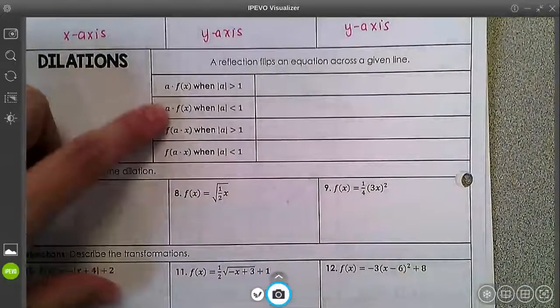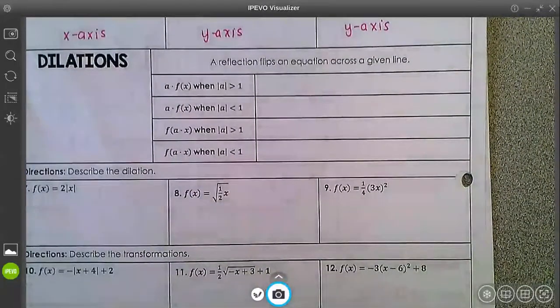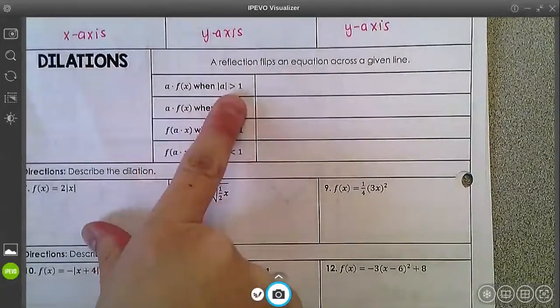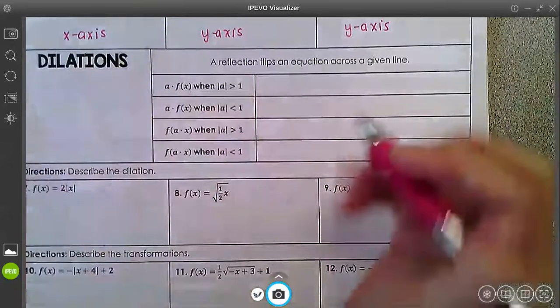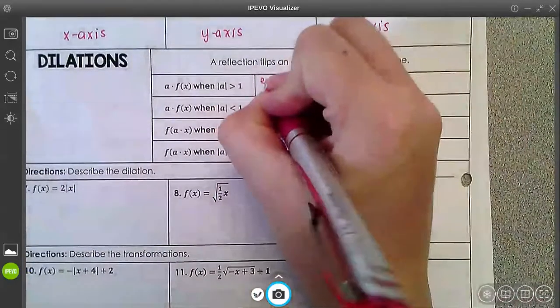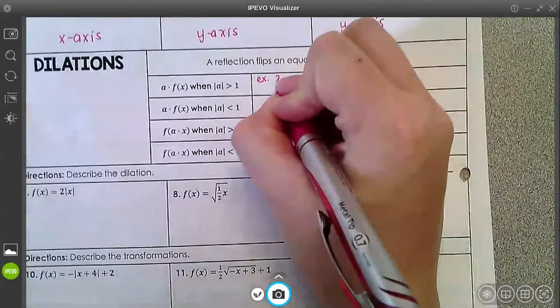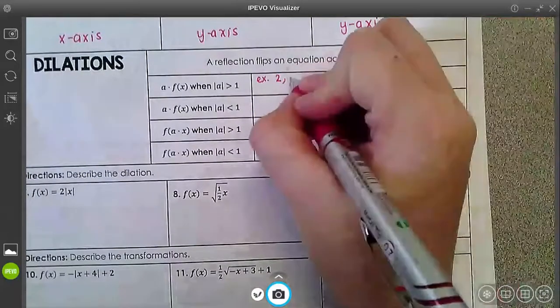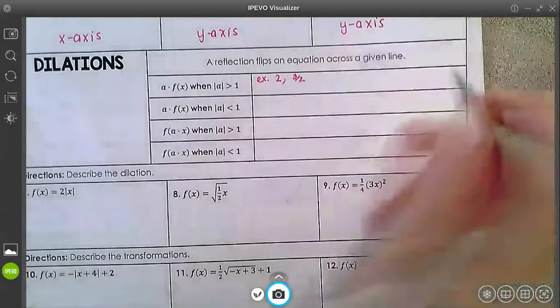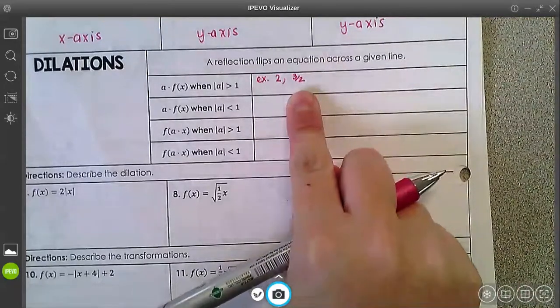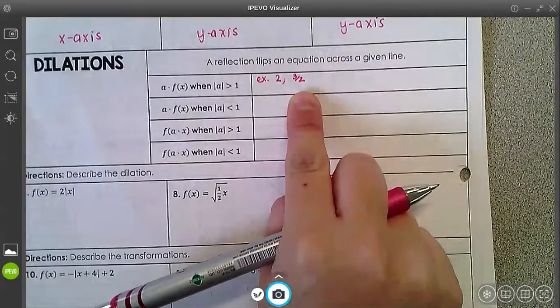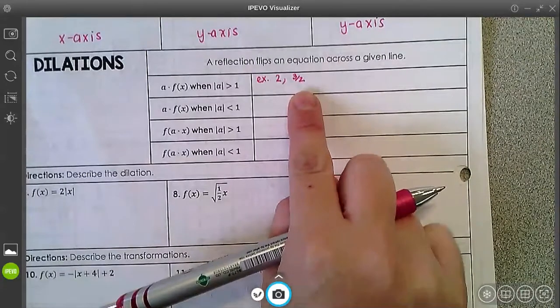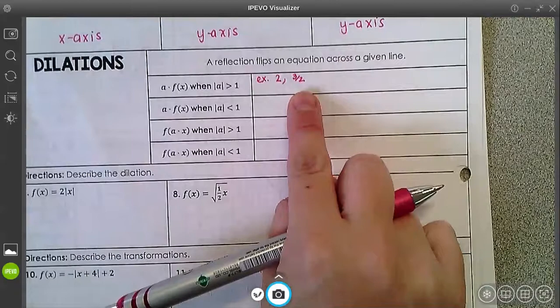So there's going to be a number being multiplied, either outside in the front or inside. So if that number is outside and it's bigger than 1, for example, if we're multiplying by 2, if we're multiplying by 3 halves, you see a fraction and you automatically think that's less than 1. 3 halves is really like what decimal? 1.5.